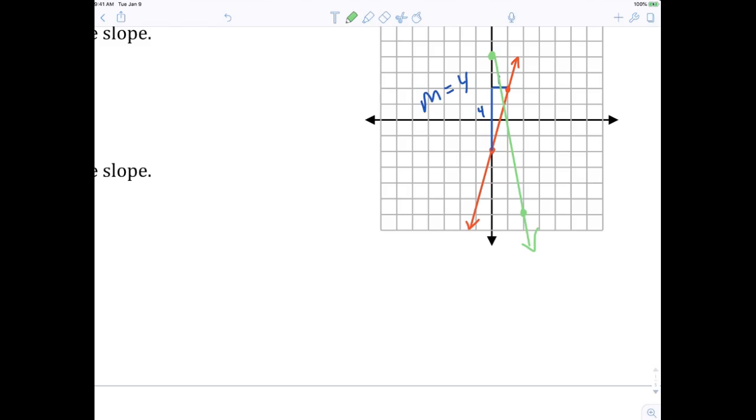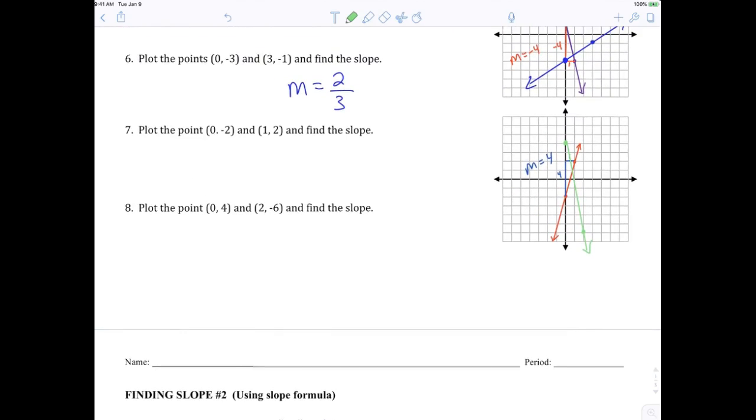Good for you, Thomas. Tell me what? I did 2 over 3. You can leave it as a fraction. Is that what you're asking me, Thomas? Yeah. You leave it as a fraction. Good question, Thomas.